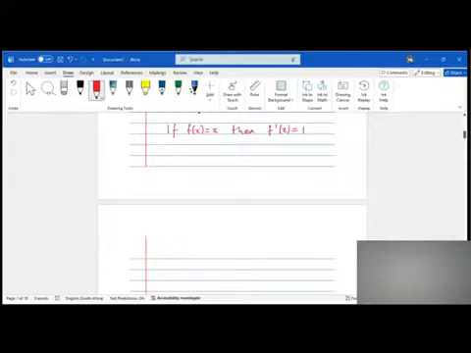Okay, so this will be the second example: f prime of x, if f of x is equal to x squared minus 3x. Take a look at that and try to think about it.